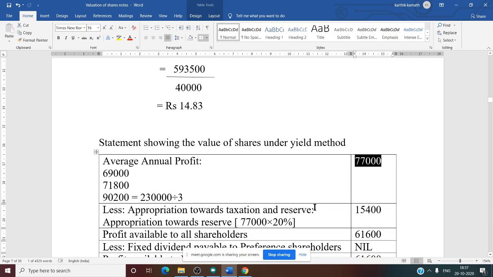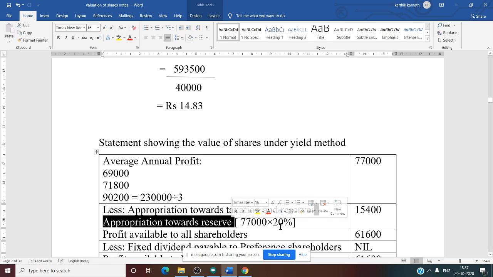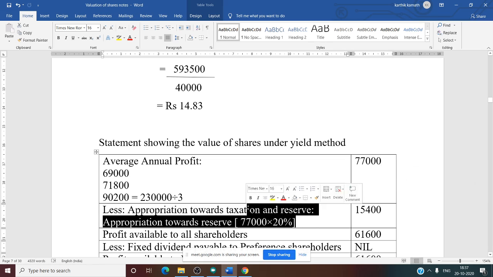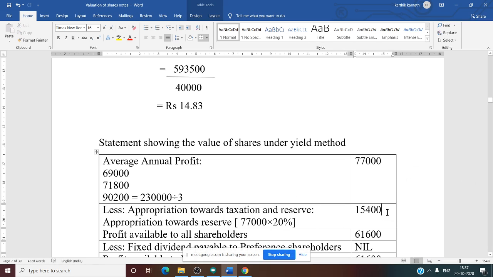From that there are deductions of tax and reserve. There is no information about tax, so only reserve. Reserve is taken from average profit. Average profit we know is 77,000. From 77,000 take 20%, you will get the reserve fund, that is 15,400 kept as a reserve from profit.